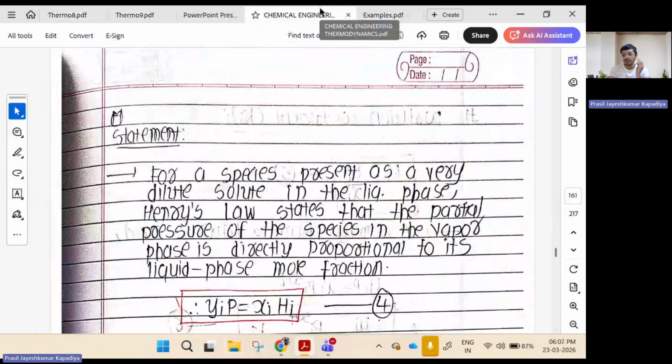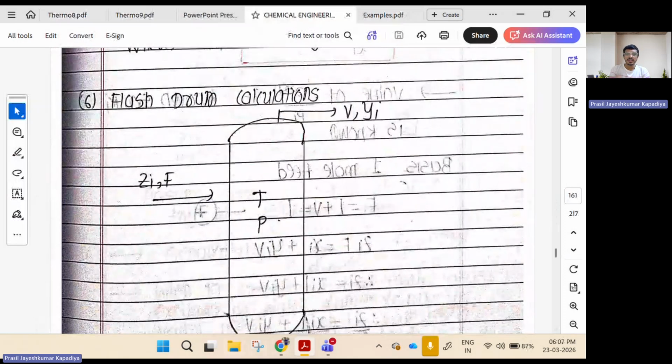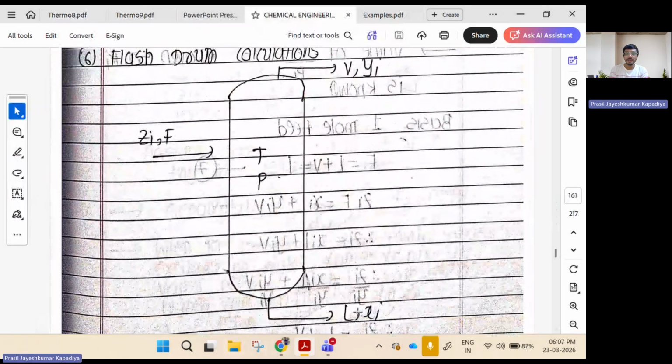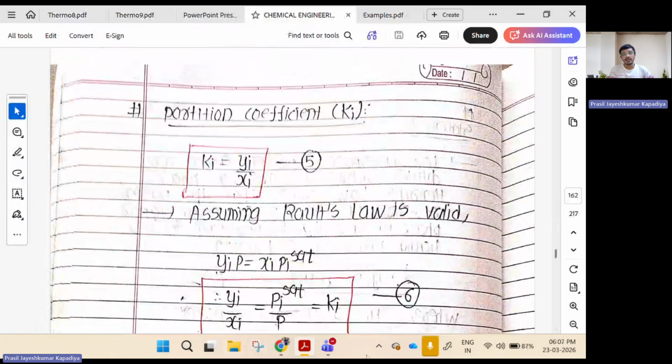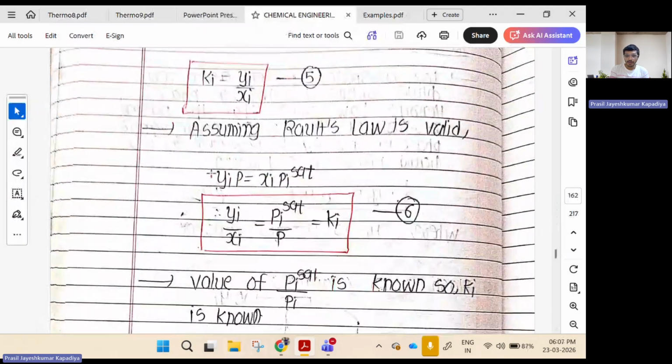For flash calculation, we have some composition in the feed and we flash it, so vapor and liquid are obtained with yi and xi. Then we define one more very important quantity, called the partition coefficient, how a component partitions between vapor and liquid phase, yi divided by xi. Based on that, yi P is equal to xi Pi sat, so yi by xi is equal to Pi sat by P, which is Ki.